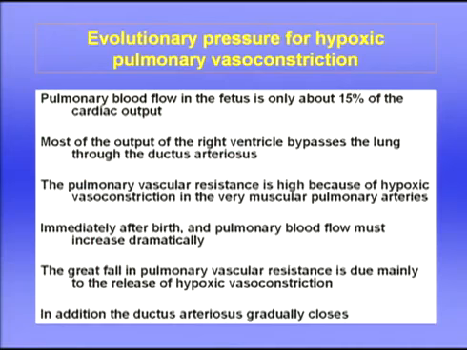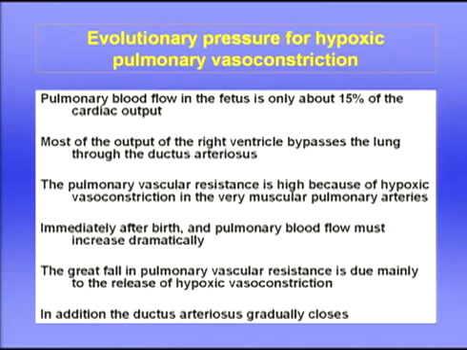Most of the output of the right ventricle, which would normally go to the lung, bypasses the lung through a vessel called the ductus arteriosus that joins the pulmonary artery to the aorta. And because the lung has a very high pulmonary vascular resistance, most of the blood flow bypasses the lung. What's the cause of the very high pulmonary vascular resistance in the fetus?